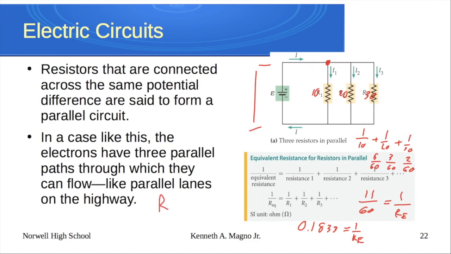Once I flip it, R equivalent in this case would become 5.45 ohms, which is interesting because it's less than any of the individuals. So as I add things in parallel, the total resistance actually lowers for the system. So with 10, 20, and 30, I'd be left with a 5.45 ohm resistance for the whole system.